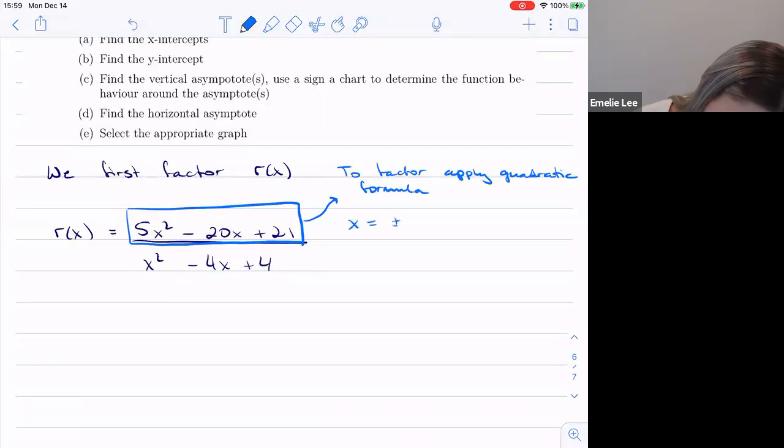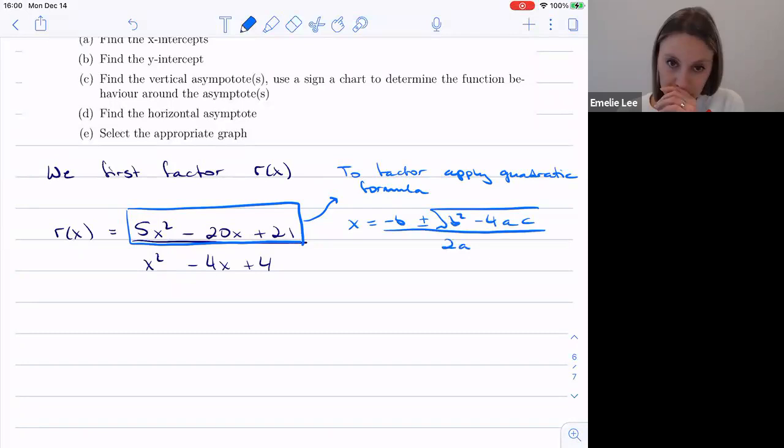So x is the negative b plus or minus the square root of b squared minus 4ac, over 2a, where a is the coefficient on x squared, b is the coefficient on x, and c is the constant.